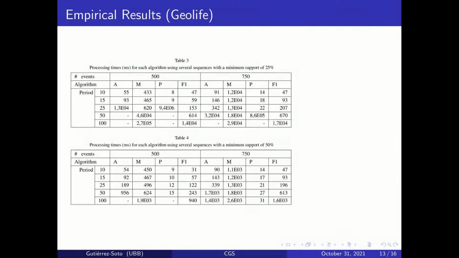You can consider the GeoLife is about 200 or close to 300 megabytes. Same as the previous, every time you increase the minimum support, the time for every algorithm decreases. That is reasonable, except for F1.